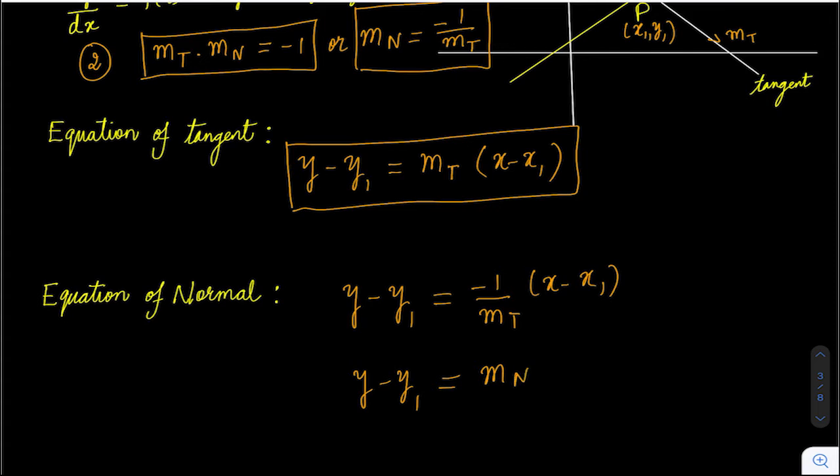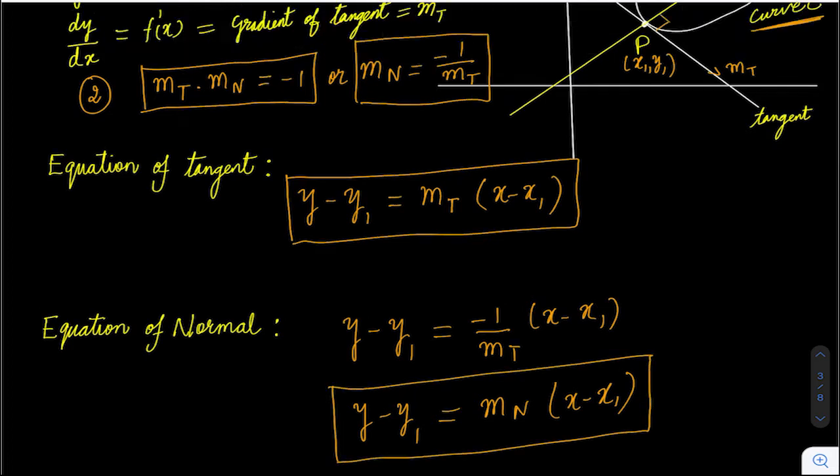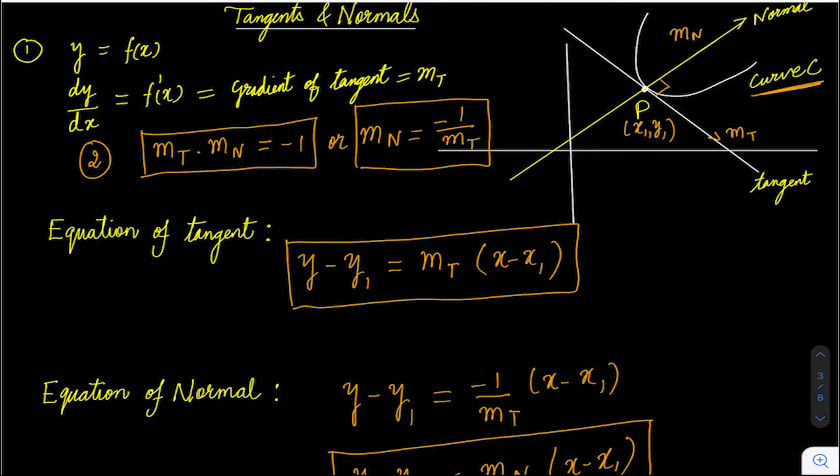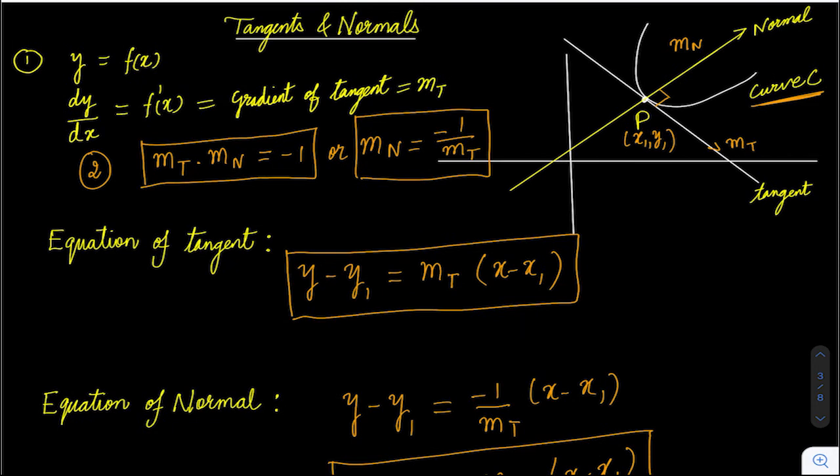First is the gradient of tangent, and how do you find it. Second is the relationship between the gradient of tangent and the gradient of normal. Third, how to write the equation of tangents. Very simple points, and you already know most of the things here. If you understand this, you can easily solve the questions. So let's try some questions on this topic.